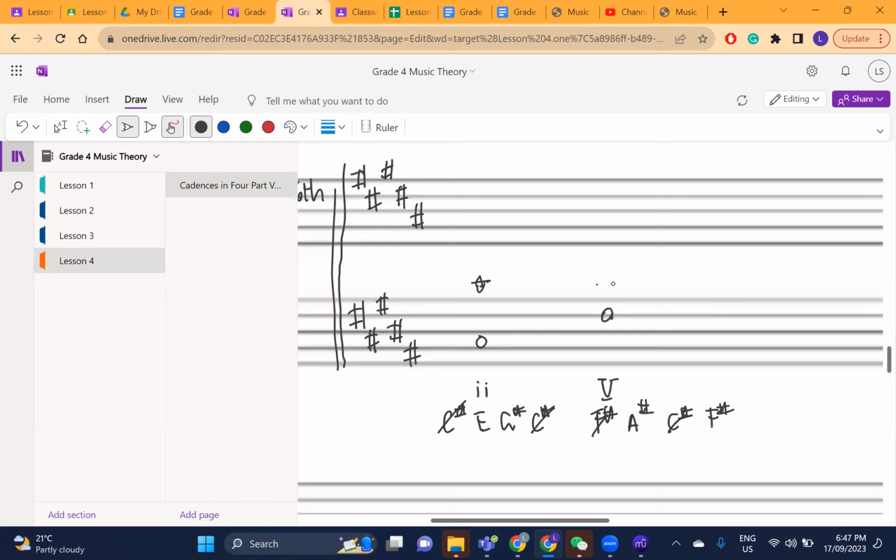I think this was an imperfect cadence. It just looks wrong. Really? G sharp to A sharp, and let's put E to F sharp here.